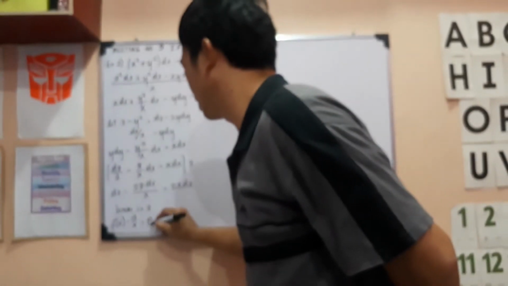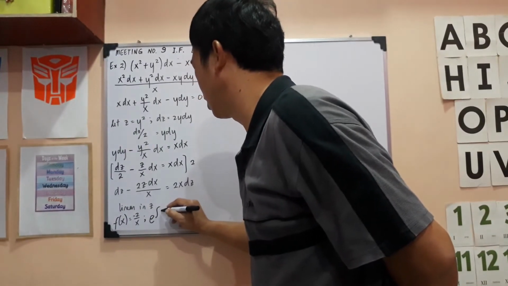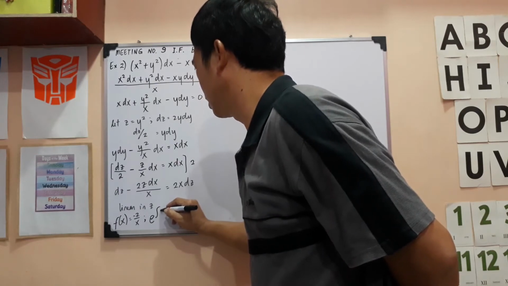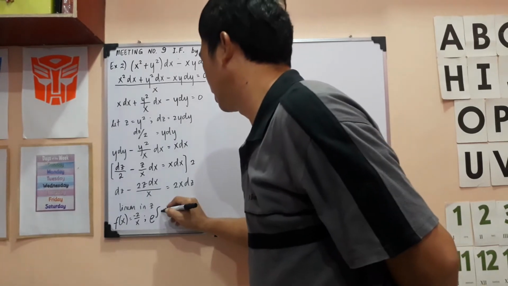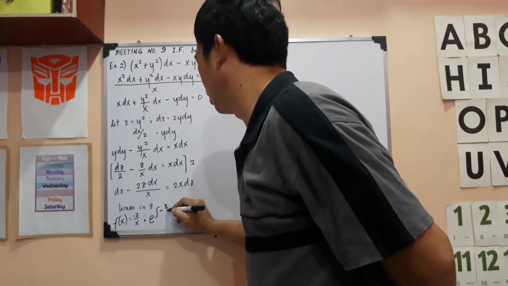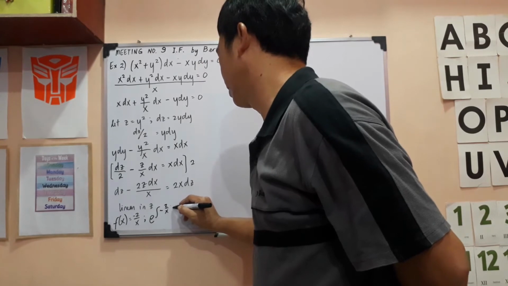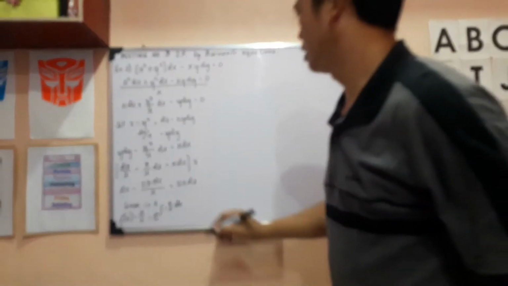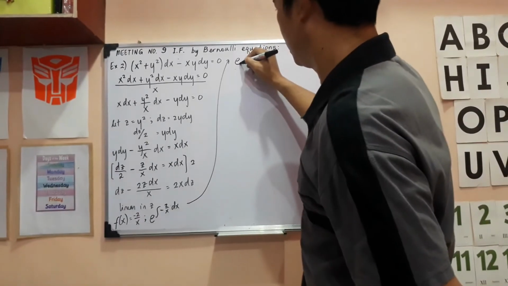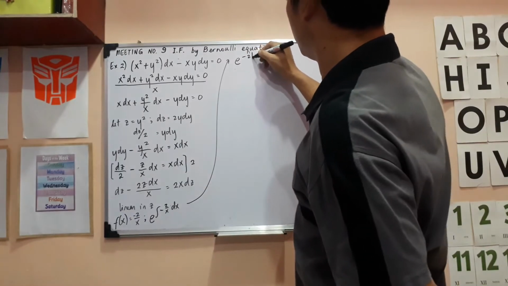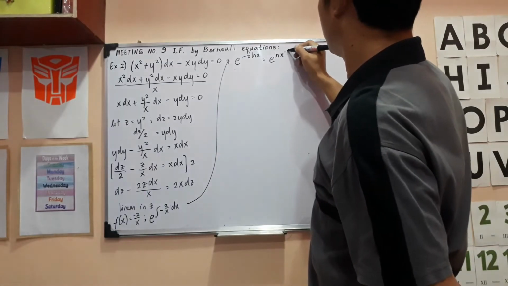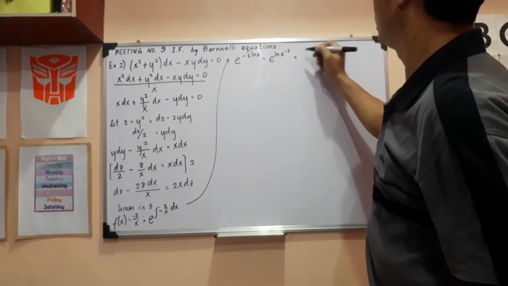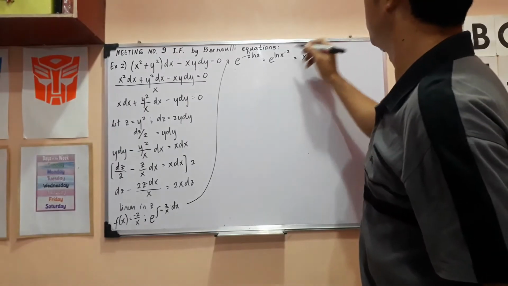So, our e raised to integral of function of x is e raised to negative integral of negative 2 all over x dx, which is now equal to e raised to negative 2 ln of x, which is e raised to ln x raised to negative 2, and that is equal to x raised to negative 2.